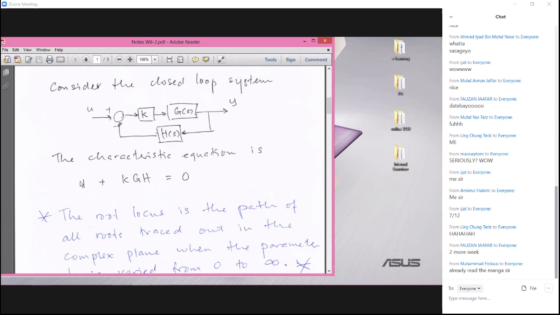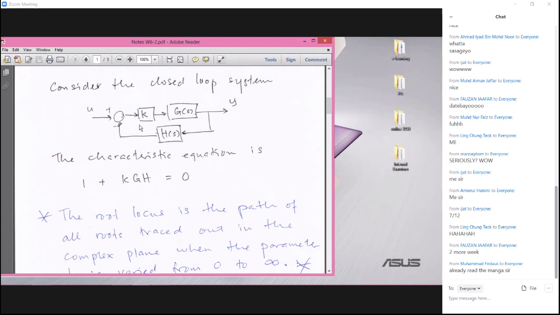The roots of this characteristic equation, depending on the order of the system, if the system is third order, we are going to have 3 roots. If we trace out the roots for all values of K from 0 to infinity, we are going to have 3 paths. We can trace out the path taken by the roots as K varies from 0 to infinity.